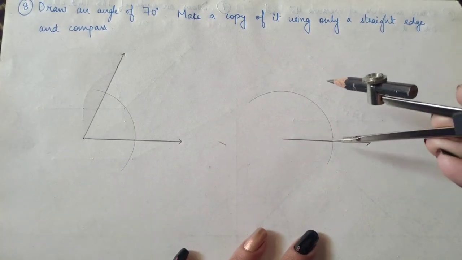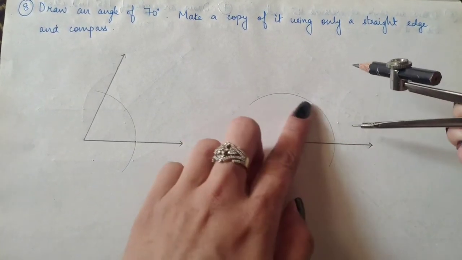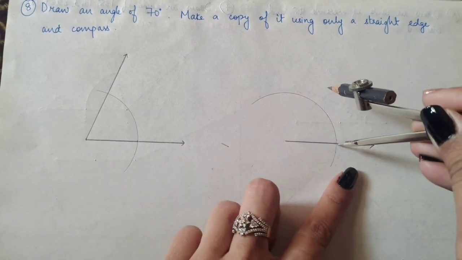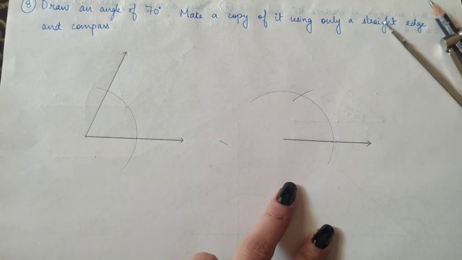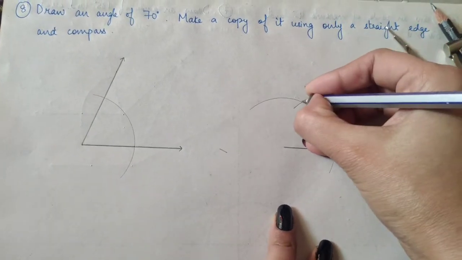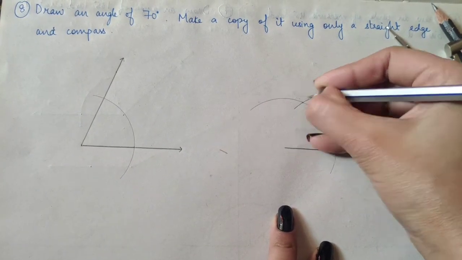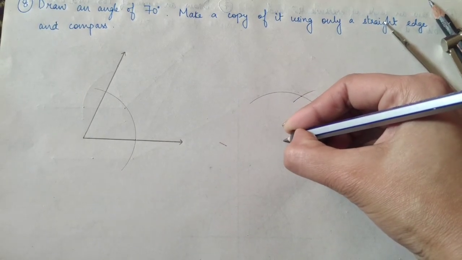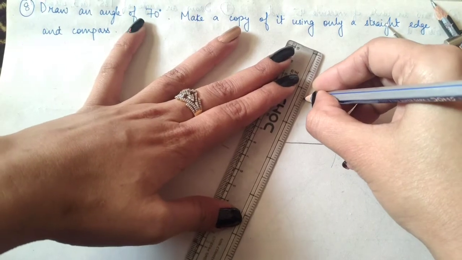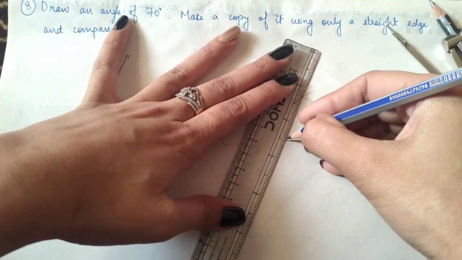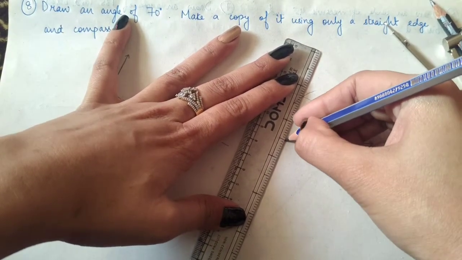So I'll keep my pointer at the intersection of this arc and the straight edge, and we'll draw an arc like this. In this way I got this point, and the vertex I already had. So I'll join these two points like this.